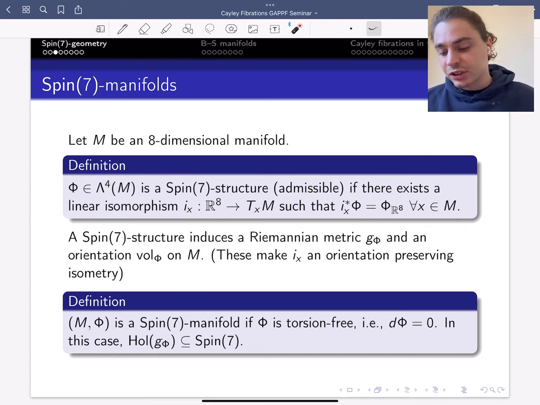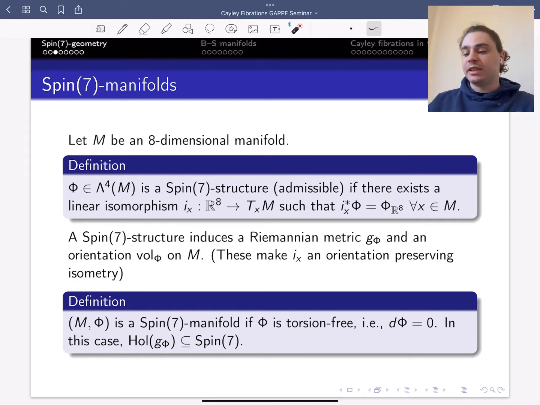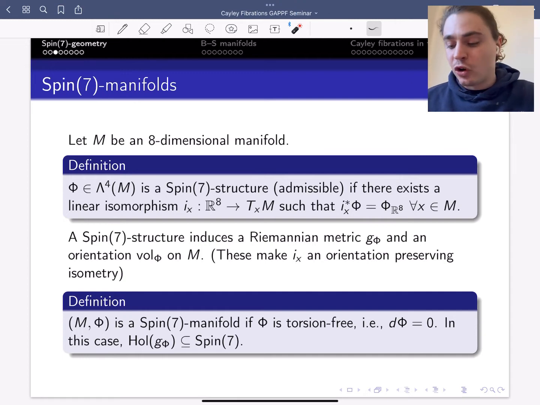The spin 7 structure, it is well known, induces a Riemannian metric g_Phi and an orientation vol_Phi on M. These are the metric and the volume form that make the identification I_x an orientation-preserving isometry.